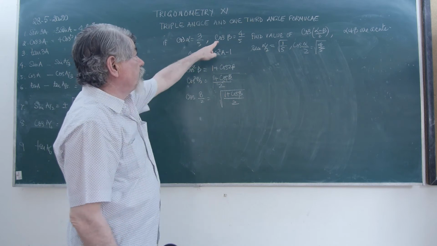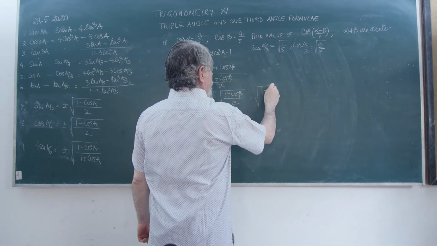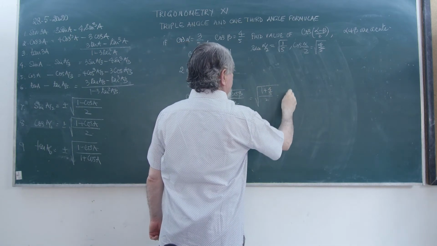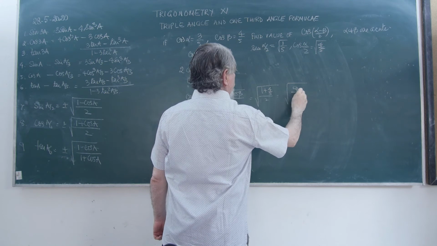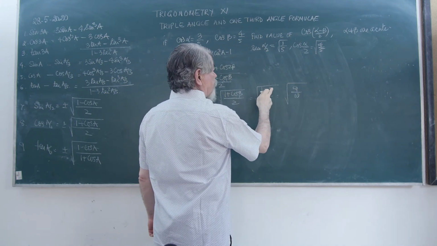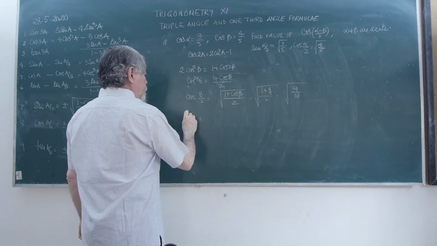Now the value of cos beta is 4 upon 5. So 1 plus 4 upon 5 upon 2, when you take LCM, it will become 9 upon 10, because 5 plus 4 will be 9, 9 upon 5 into 2, 9 upon 10.